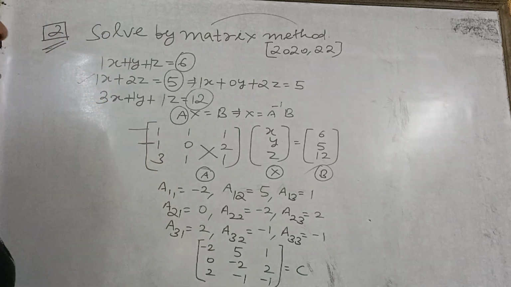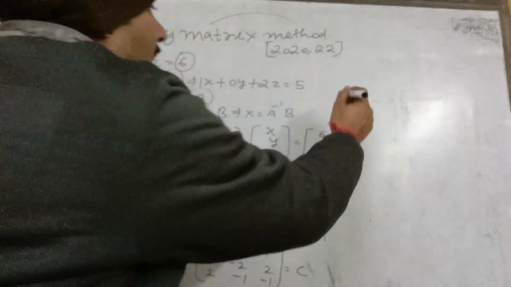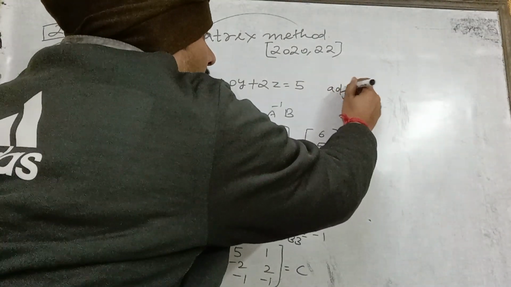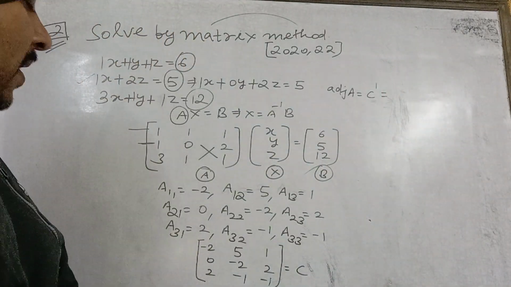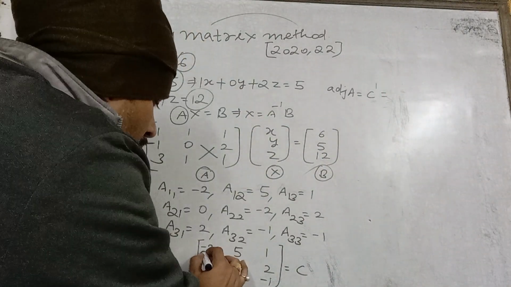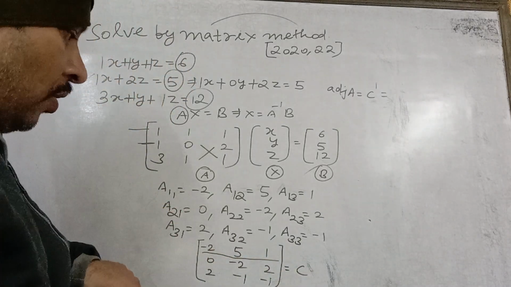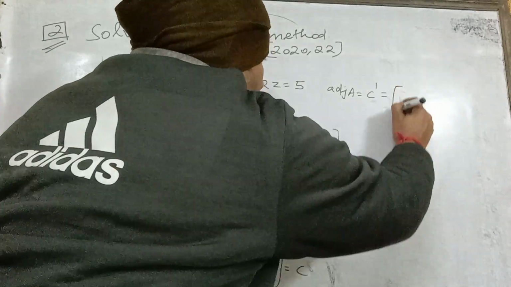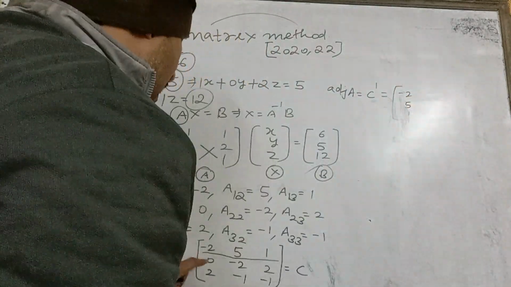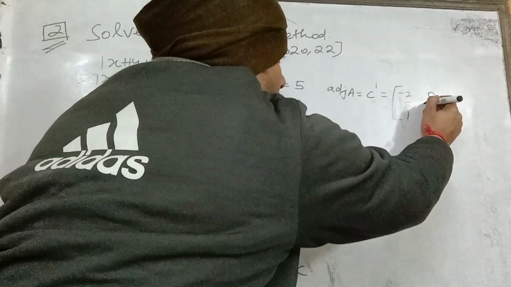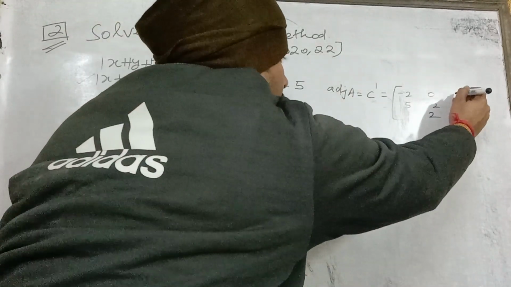Now adjoint A is the transpose of C. When we transpose C, rows change to columns. The first row converts into the first column. Then it becomes minus 2, 5, 1, and 0, minus 2, 2, and 2, minus 1, minus 1.